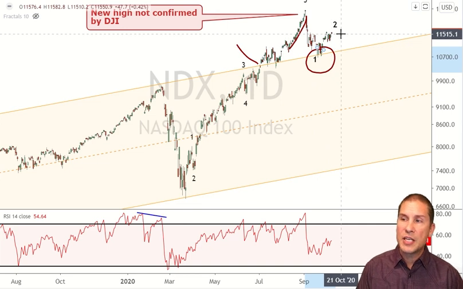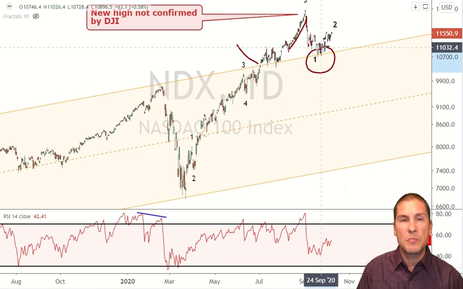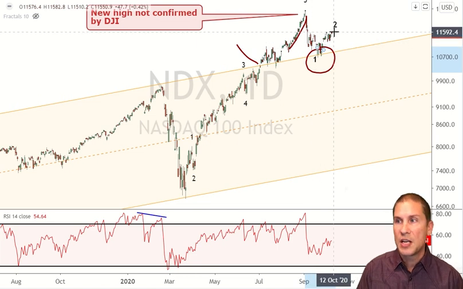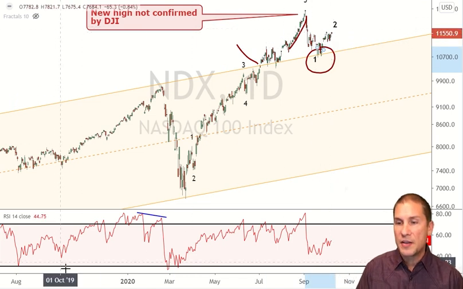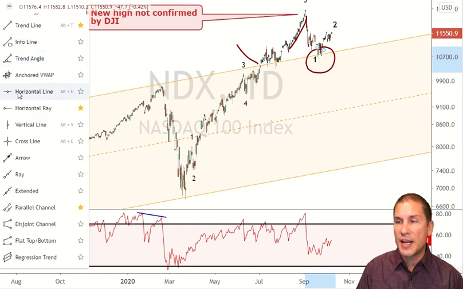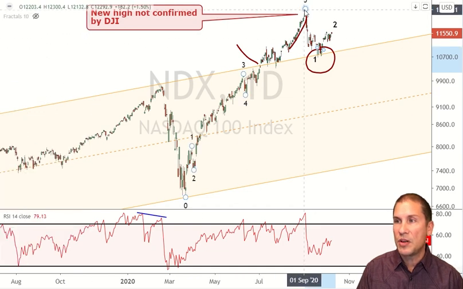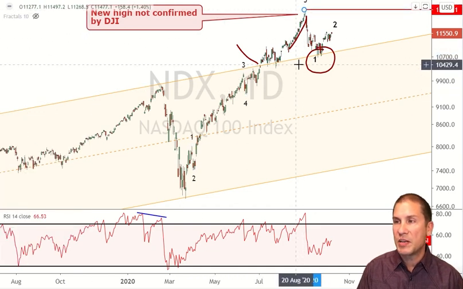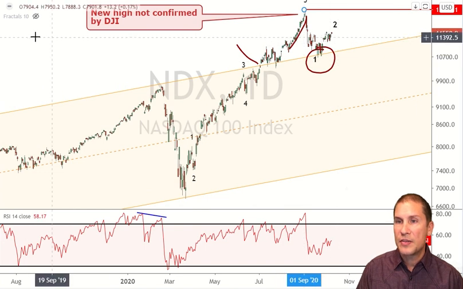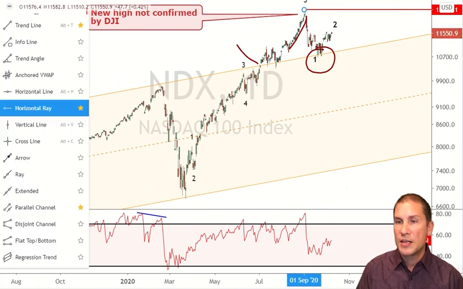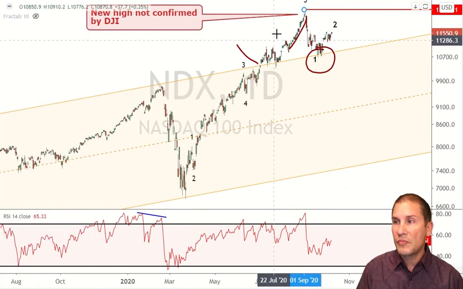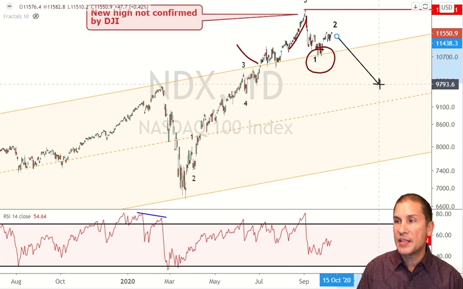So I do think that this will end up being a partial retracement, meaning that this bounce that we are currently seeing within Nasdaq, I believe this bounce is going to hold below the high that we saw on September the 1st, and that this may produce a move lower that would pop back inside the channel.